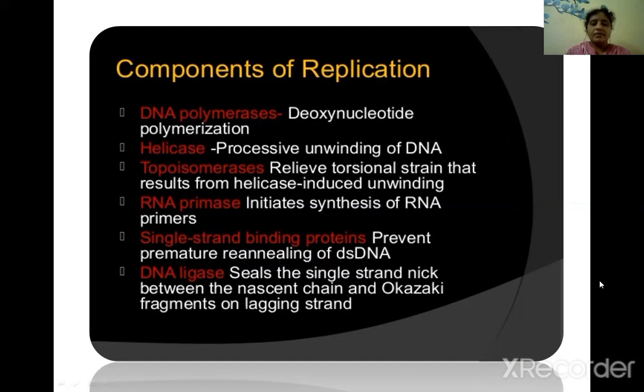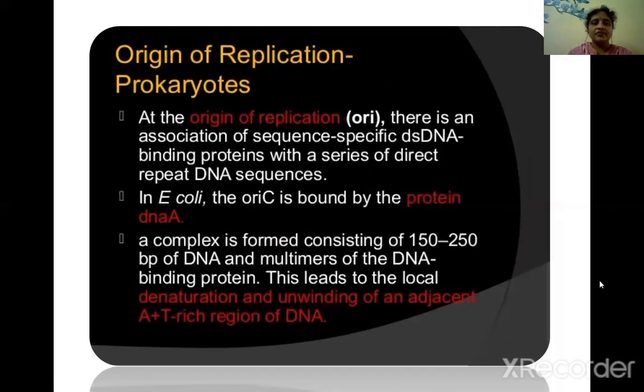Next, RNA primase, the most important enzyme, which initiates the synthesis of the RNA primers. Next, single stranded binding proteins, which prevent premature re-annealing of double stranded DNA. Next, DNA ligases, which act as glue that seals the single strand nick between the nascent chain and Okazaki fragments on the lagging strand.